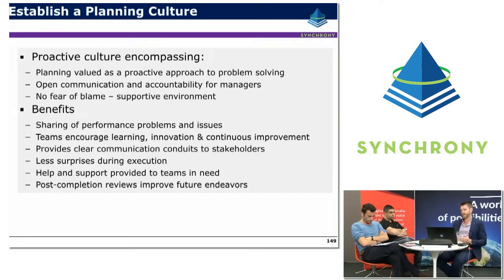The benefits are exactly as I mentioned: teams being able to share performance problems and issues, and identify them up at a project or program level so that people can provide support and assistance. It provides clear communication conduits to stakeholders.